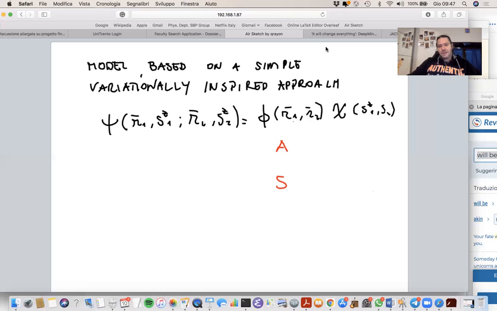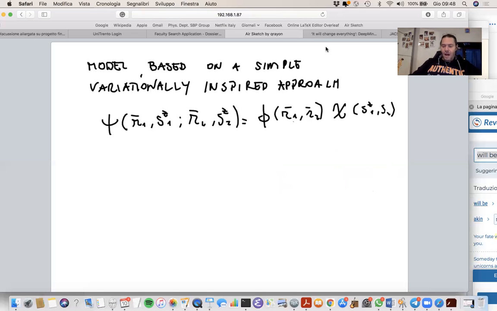However, since the product of two symmetric functions is symmetric and the product of two antisymmetric functions is symmetric, we are left with only two possibilities: either phi is antisymmetric and chi is symmetric, or phi is symmetric and chi is antisymmetric. In both cases you get a completely antisymmetric wave function for the H2.